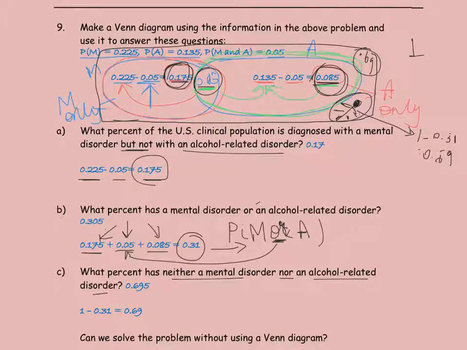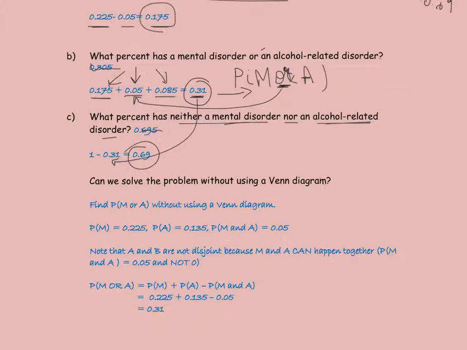So we add up all the numbers within the circles, which gives us 0.31, and that's what we subtract from 1 to get 0.69. So 0.69 is the probability of a person having neither of the two problems, which is mental disorder and alcohol related disorder.